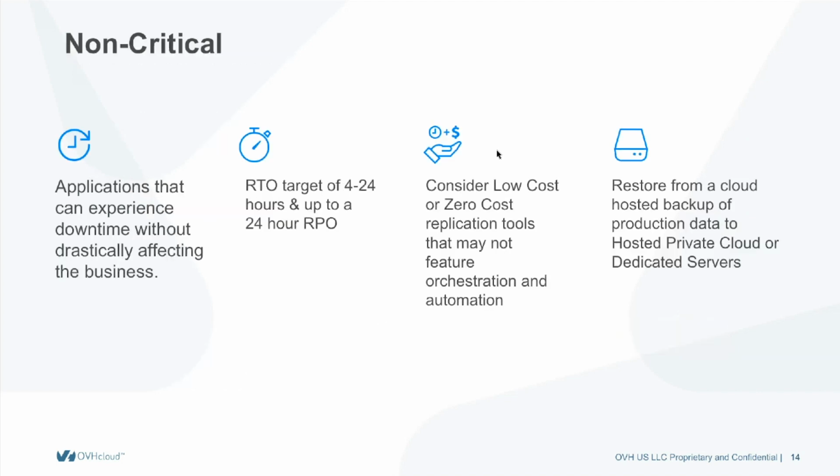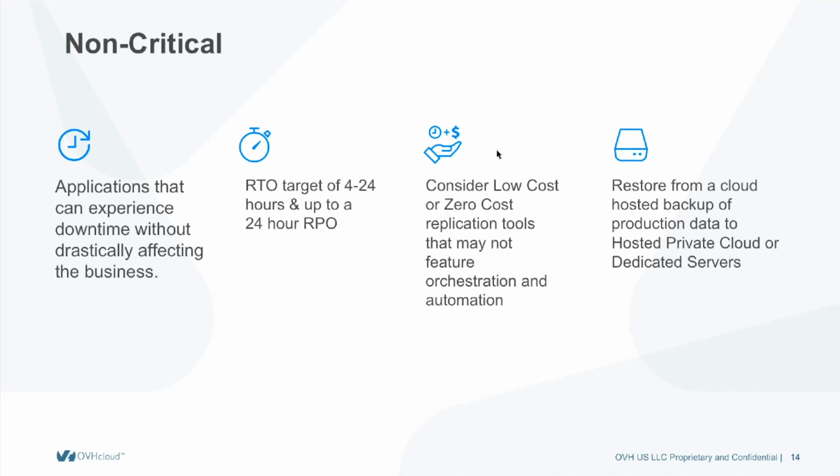Now let's take a look at non-critical. These are applications that can experience downtime without drastically affecting the business. The typical RTO target, or recovery time objective, here is 4 to 24 hours, and we can tolerate data loss up to a full day, or 24 hours. This is where we save money, right?